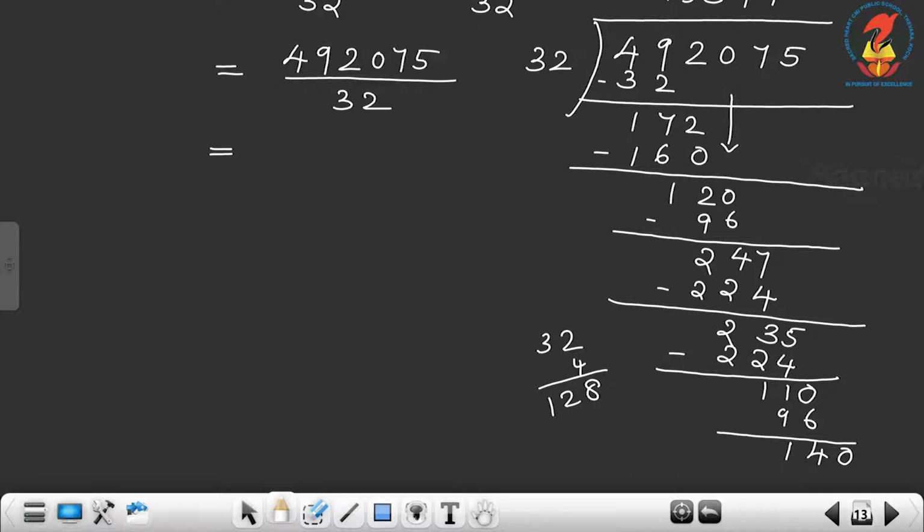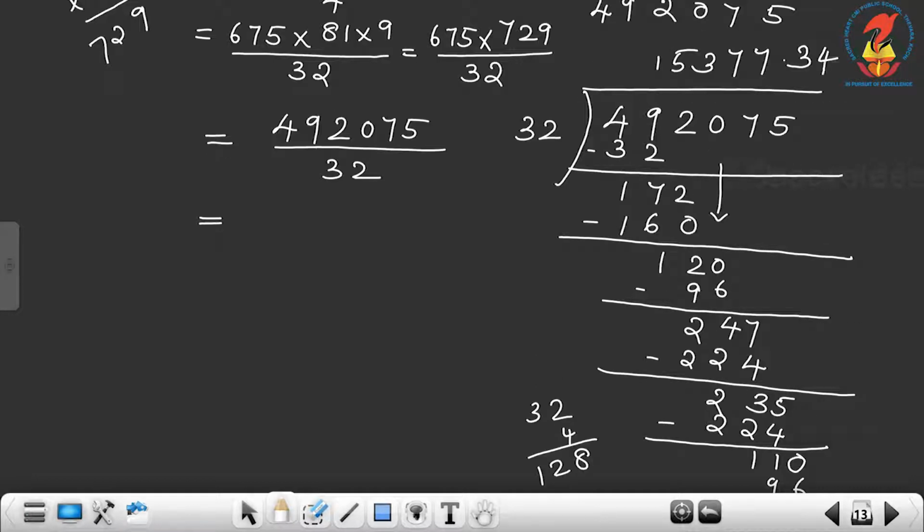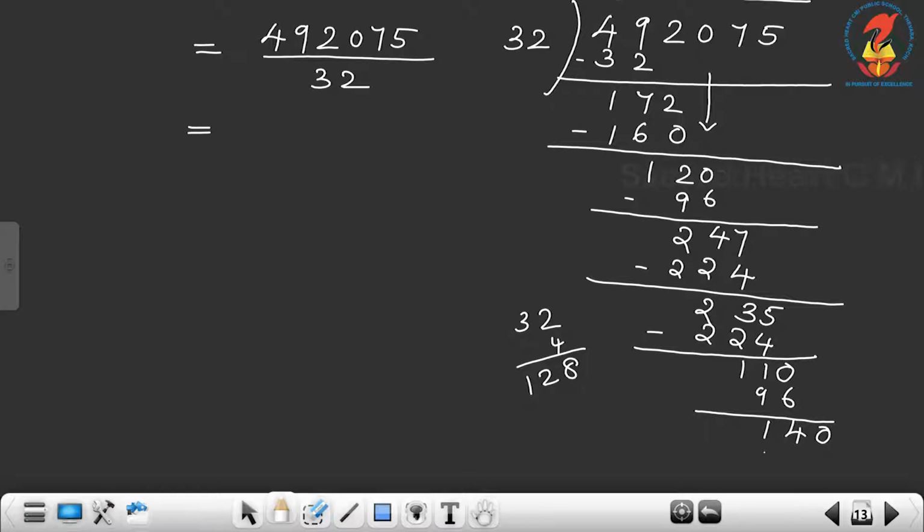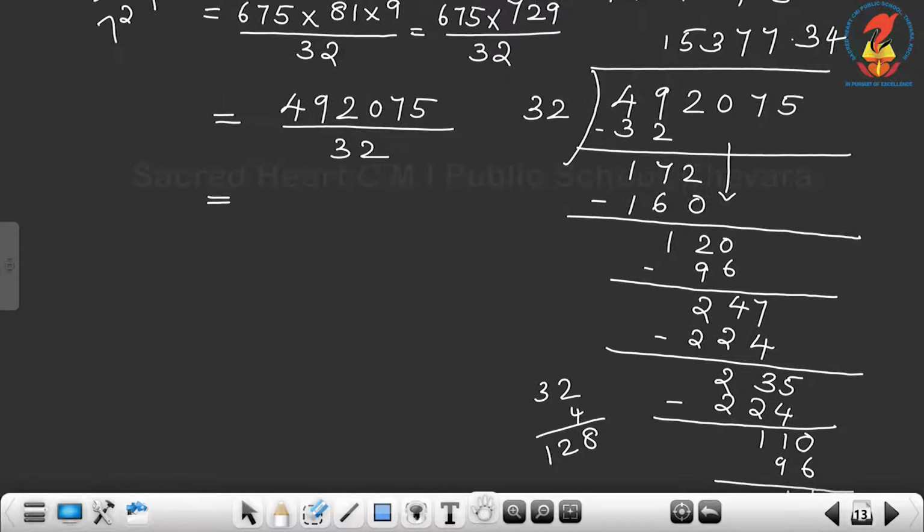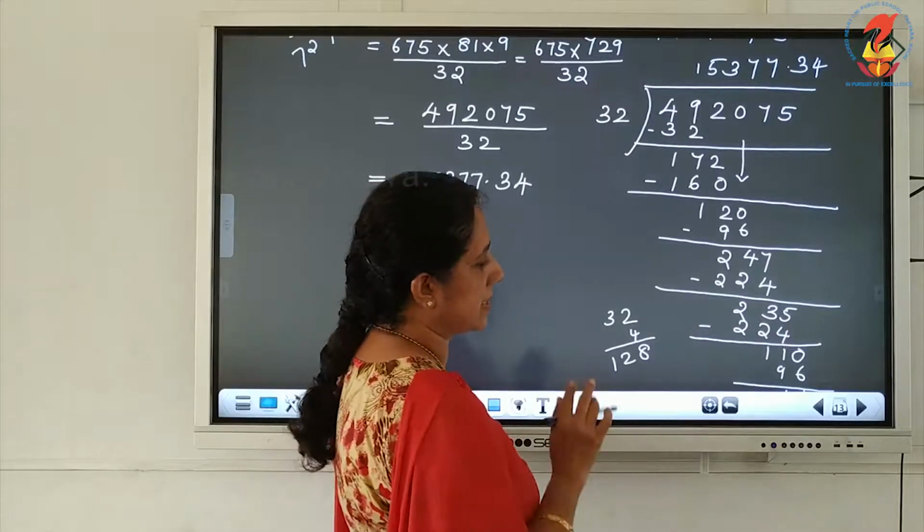So 4 we can write. So it will go in that way. We have to get to 2 decimal places. So we will get the answer as 15,377.34.